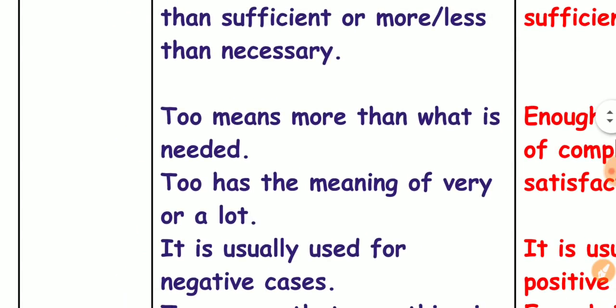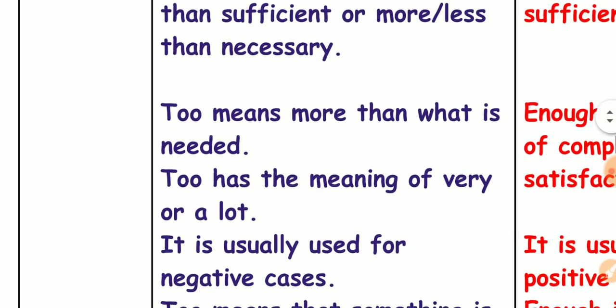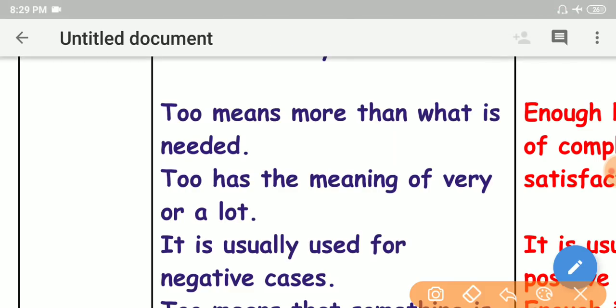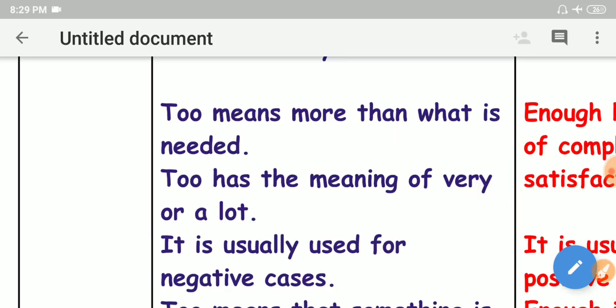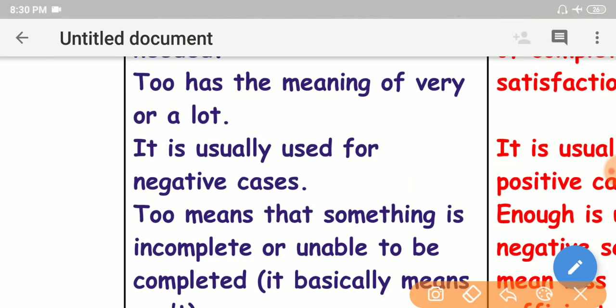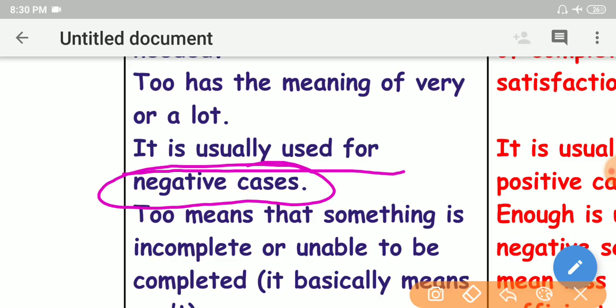So at the same time, let us discuss another meaning of the word too. Too has the meaning of very or a lot, more than sufficient, too much. So these are the several other meanings of the word too, my dear friends. One more important point we must note, that is too is usually used for negative cases.